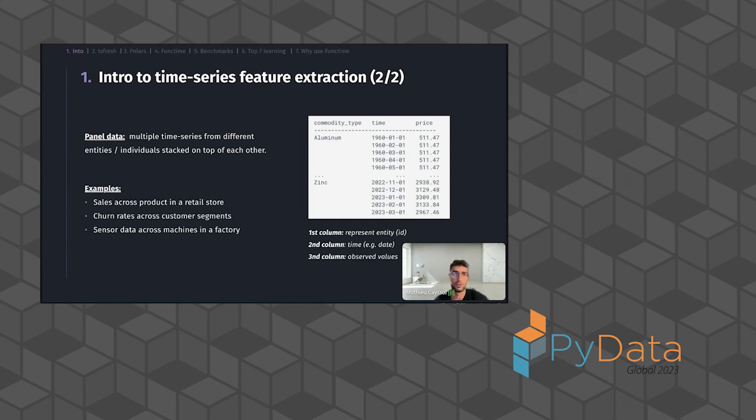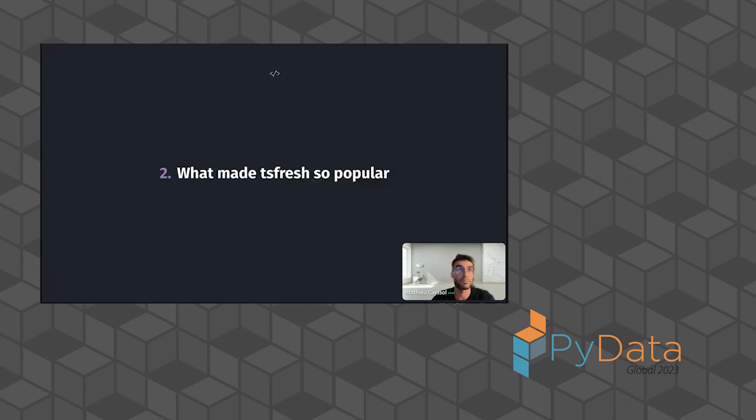Then you can also have the churn rate across customer segments. The ID will be the customer segment, and the observed value will be the churn rate at a specific interval of time. And finally, it could be sensor data across machines in a factory. Then the ID will be the machine, and the observed value could be the temperature or the pressure, measured at a regular interval of time.